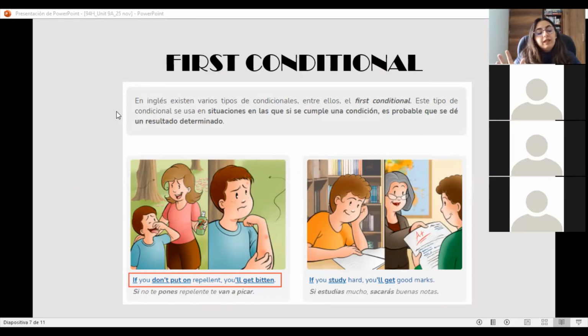Entonces, como podemos ver aquí, si se cumple la primera parte de la condición, el resultado o la segunda parte de la oración va a ser el resultado con un 95 al 100% de seguridad de que va a suceder, ¿sí? Es decir, si la condición se cumple, el resultado va a pasar, inevitablemente, ¿no?